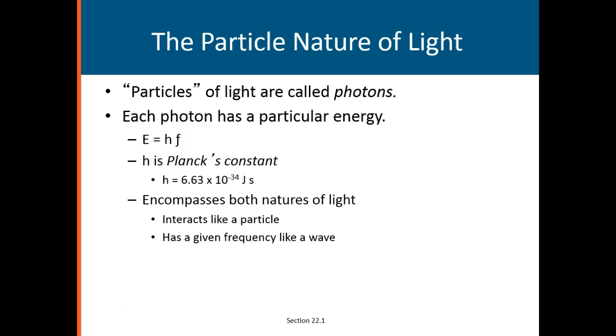So, this constant here, Max Planck said, the energy is proportional to the frequency of the wavelength. Remember, Max Planck was saying that the wave nature of light, the energy is related to the frequency of the wave. That proportionality becomes an equation when you put the proportionality constant there, h, and that constant is called Planck's constant.